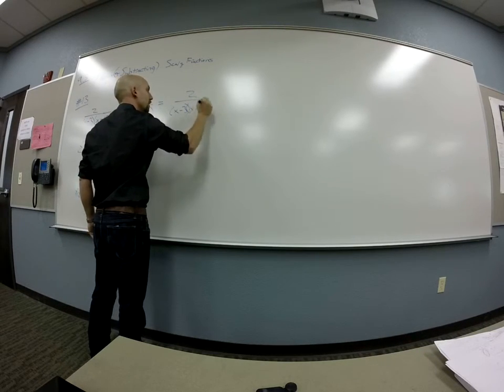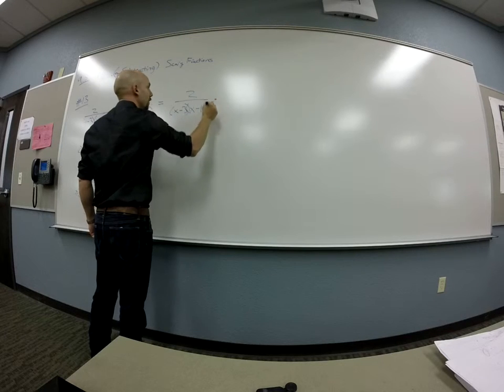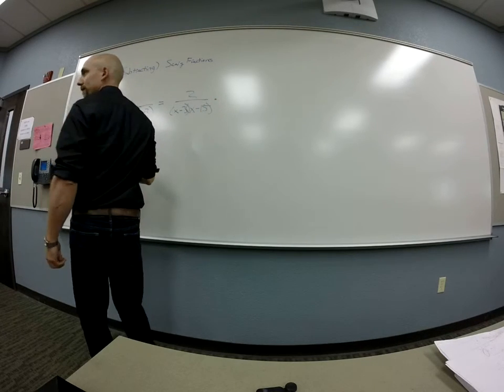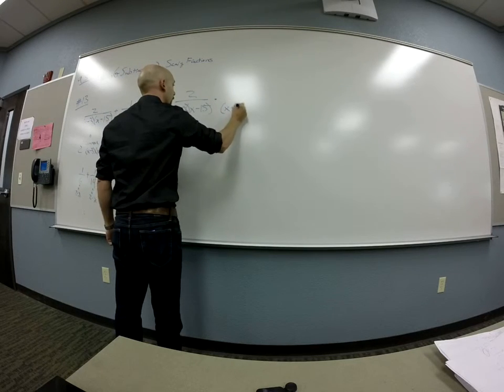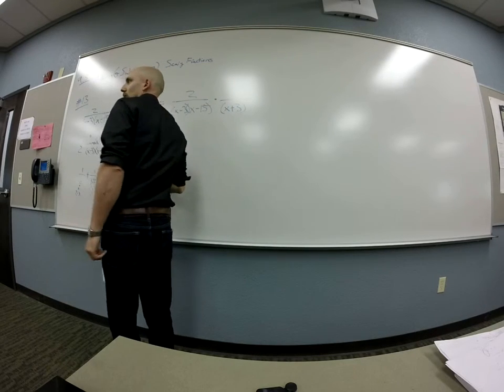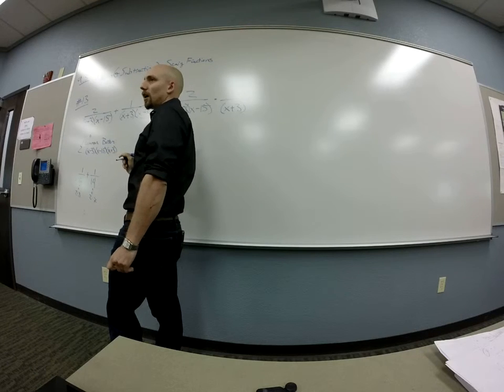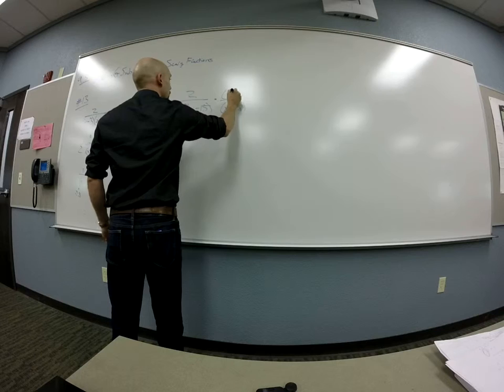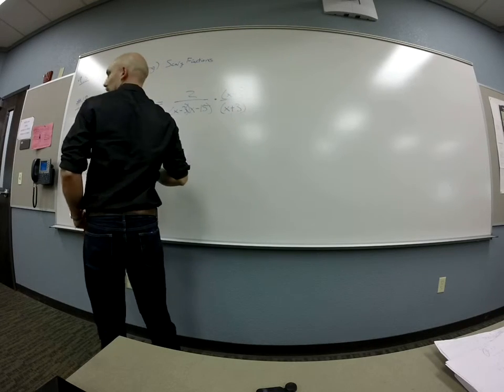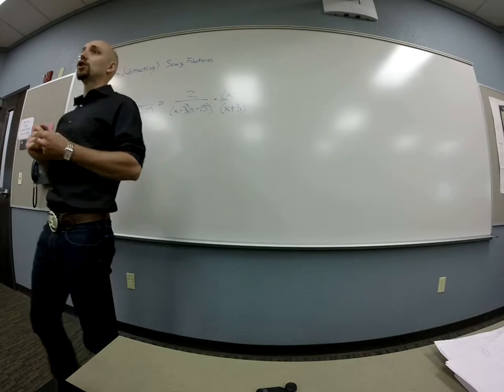Minus 15, thank you. And I need to multiply this by what? Yeah, it's got to get an x plus 3 on the bottom, right? But if I don't put an x plus 3 on the top, I've changed things. So I best put an x plus 3 on the top.